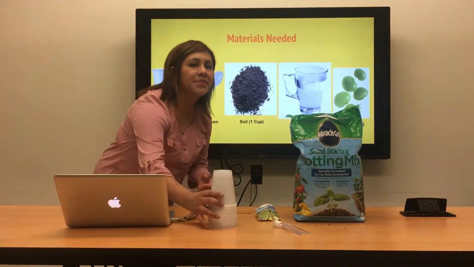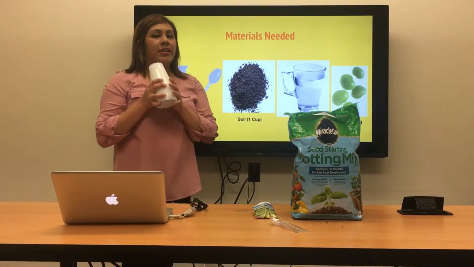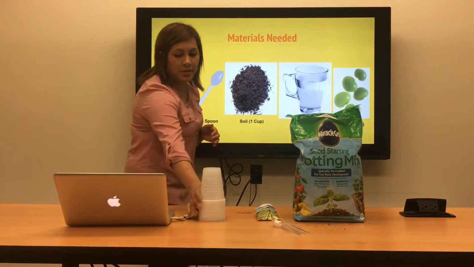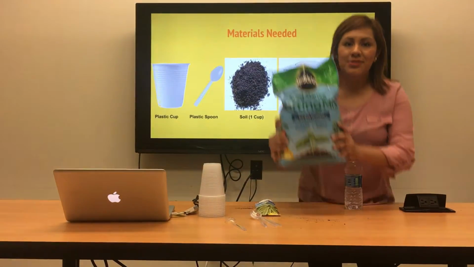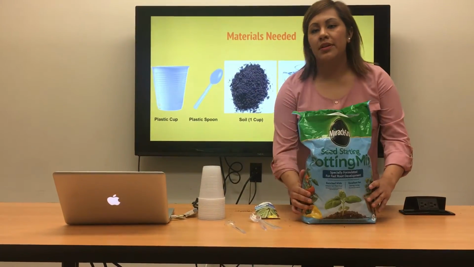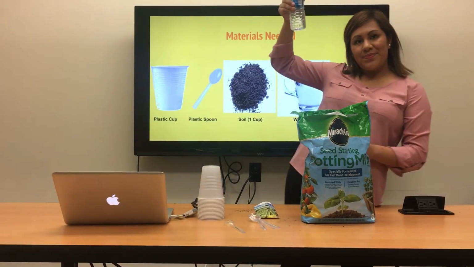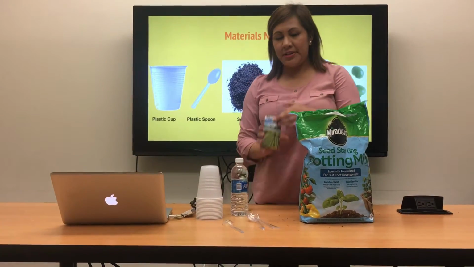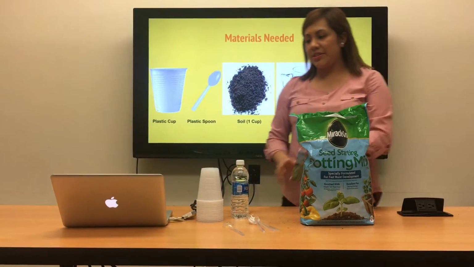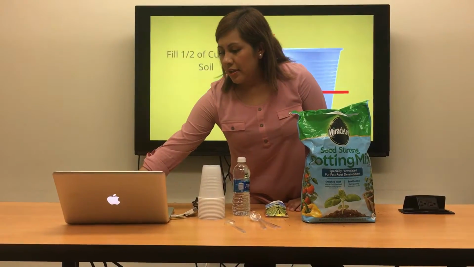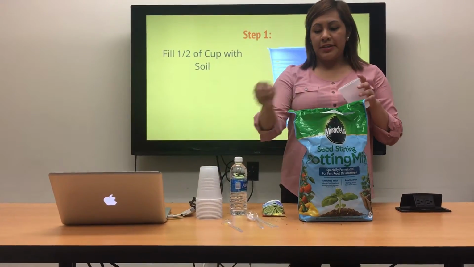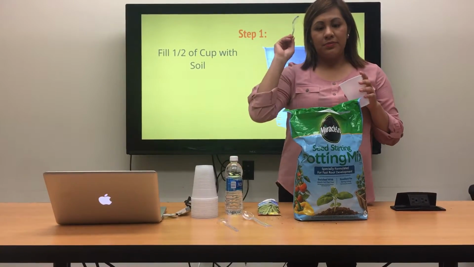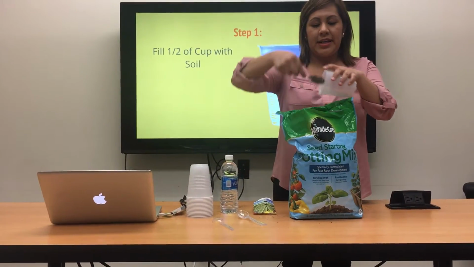So before we get started, we need some materials to get this going. We're going to need cups. All the materials are on your tables. We're going to need plastic spoons, soil, water, and I bought y'all lima beans. So the first step is you're going to take a cup and you're going to get the spoon and you're going to fill it halfway.